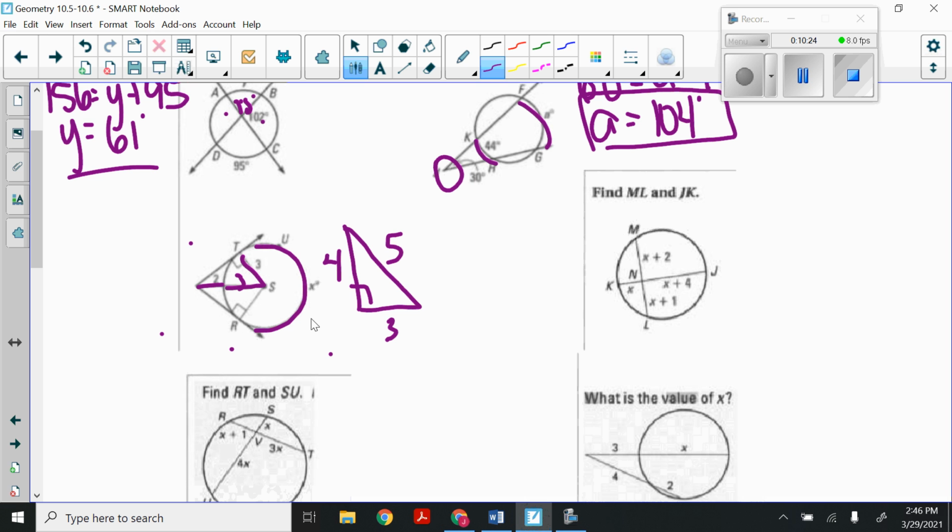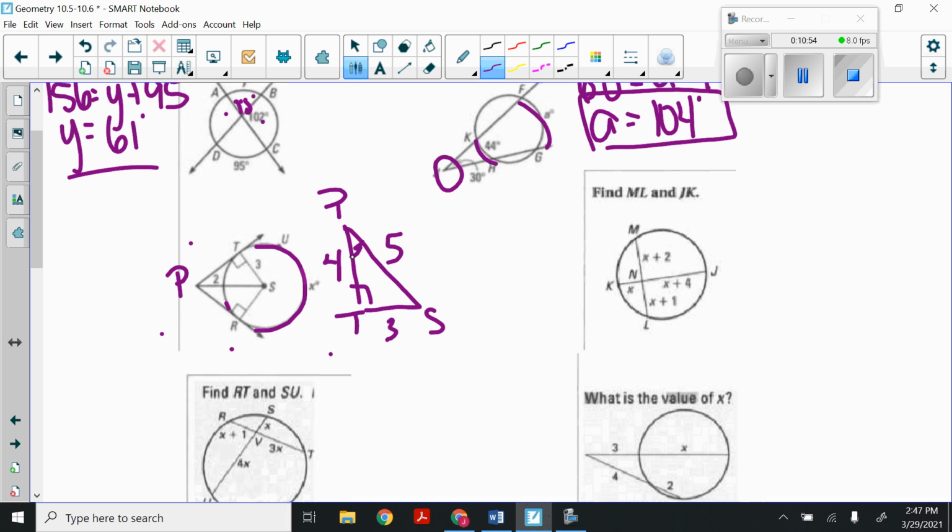I need this angle. If I go back to my triangle here, let me just erase this so that I can see. This is T, so S to T is 3. I'm going to just label this P right now. I need this angle up here.